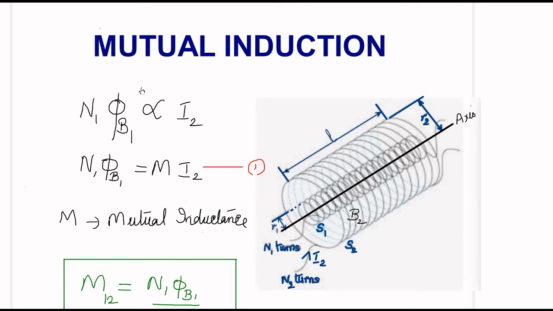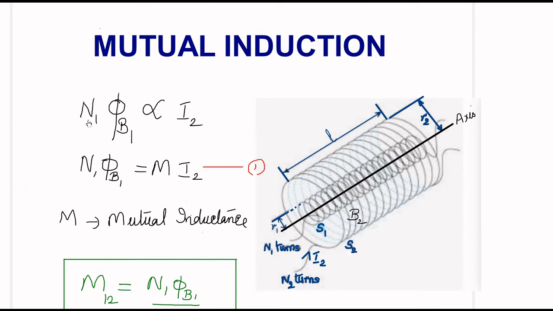And we know the flux associated with the second coil depends on the current passing through it. So, the magnetic flux associated with the coil S1 depends on the current I2 through the coil S2.